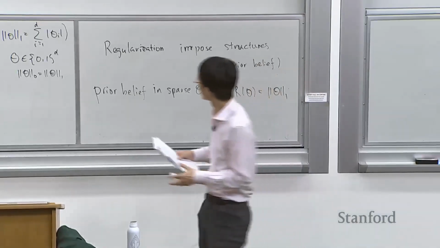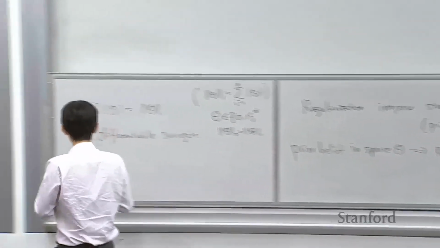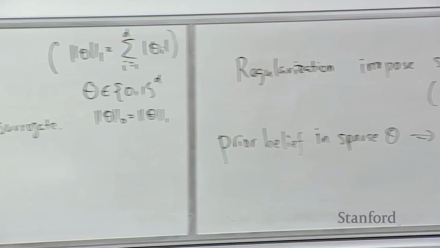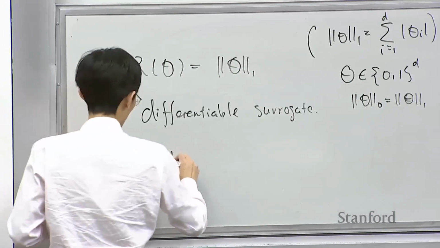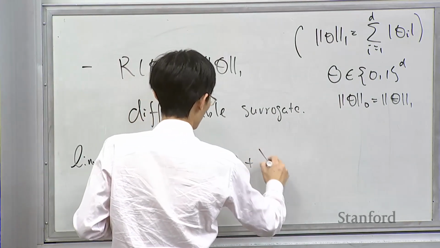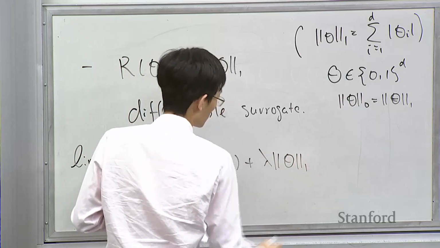And if you have a linear model, and you use this L1 norm regularizer on the loss, this is called lasso.